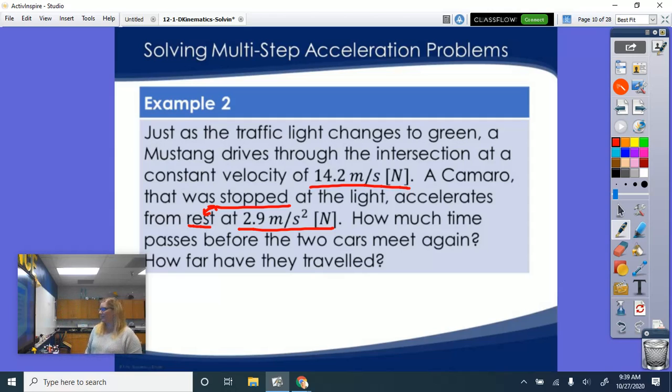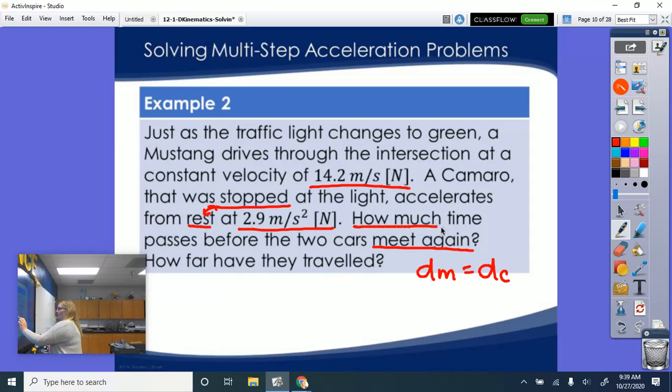That's a good thing. How much time before the 2 cars meet again? So if we're meeting again, that means that our distance for the Mustang is going to equal the distance for our Camaro. And then we want to know how far that distance is. So we're looking for how much time, which means our time is our unknown.